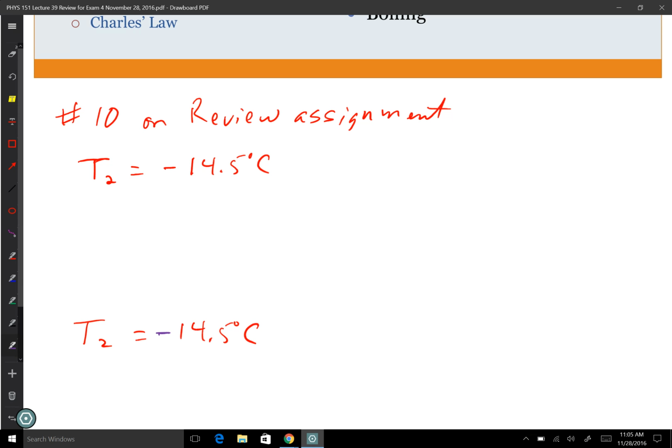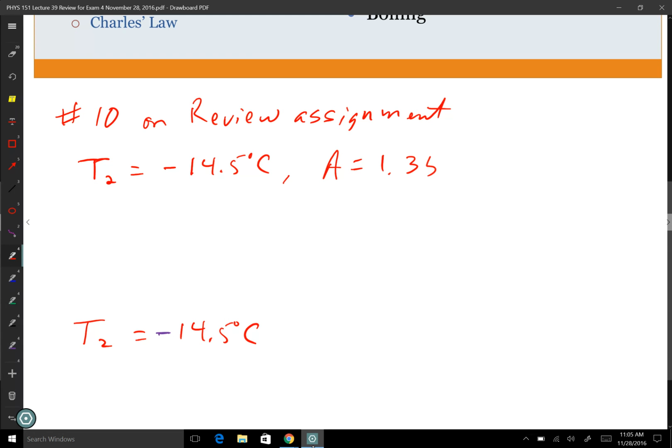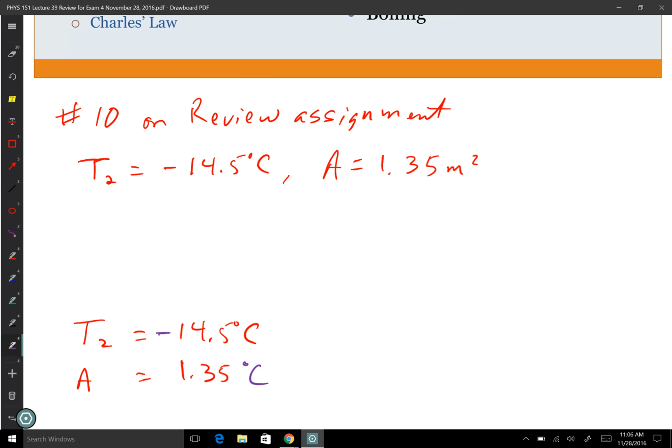Second, and really more humorous, is it lists the surface area of the person as something like 1.35 meters squared. And then when it lists the summary of the variables, it says the area is equal to 1.35, and then it has degrees Celsius. Kind of an obvious error. I doubt that's going to trip anyone up. The third problem is one that would trip everyone up. There's no way you're going to get it right because of the third problem.